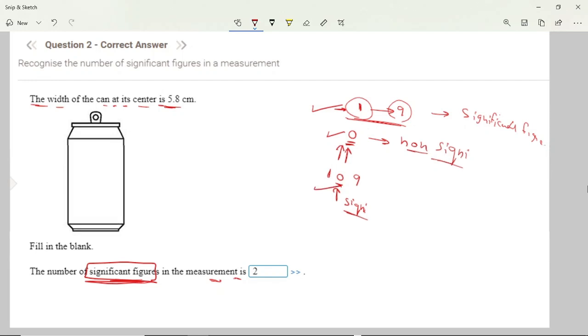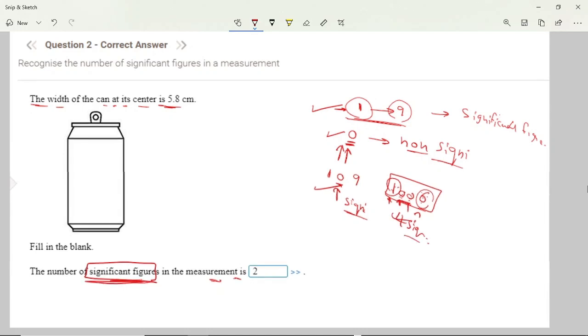For example, if I have 1006, how many significant figures are there? I have 1 and 6, which is 2, and because the 0s fall between 2 significant figures, they will be counted as significant figures. So I have 4 significant figures.